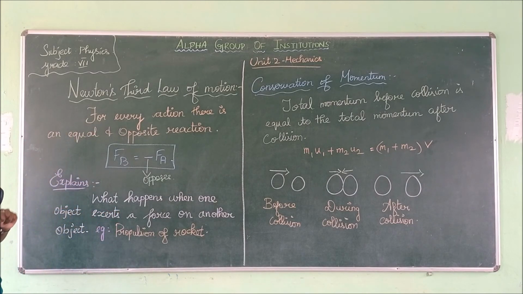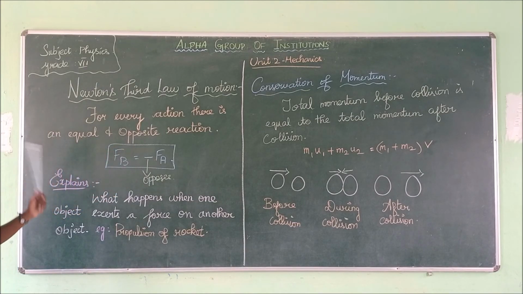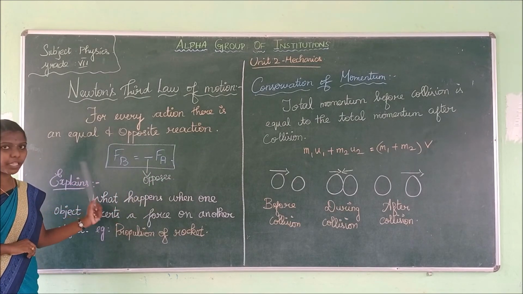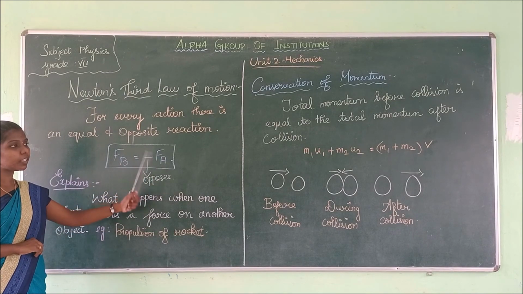What is Newton's third law of motion? For every action, there is an equal and opposite reaction. The formula is Fb equals minus Fa. Force on B opposes the force on A. The negative sign denotes that it opposes.